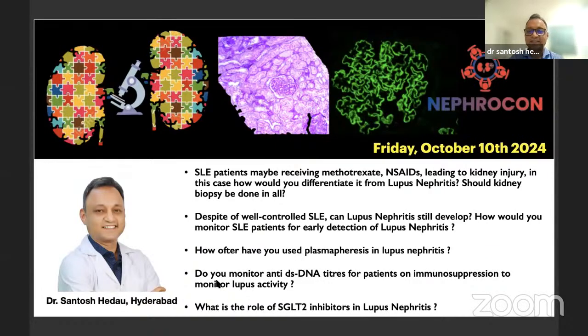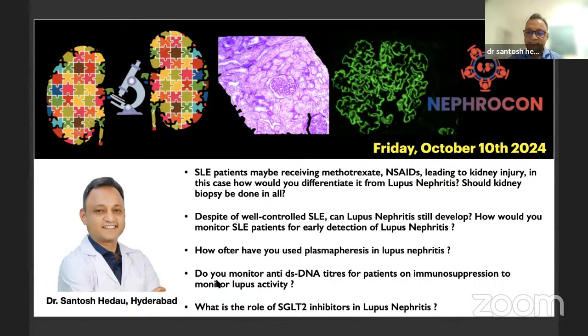But although it is rare, how do we monitor SLE patients for early detection of lupus nephritis? Again, clinically only we have to go. If they are developing pedal edema, or hematuria, although gross hematuria is not very common, we have to do urine routine and urine protein regularly, because that is where we will pick up the early involvement and treat effectively.